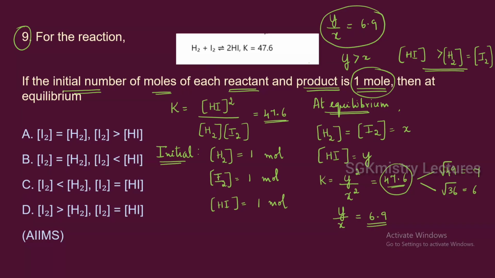Let us look into the options given. It is very clear that the concentration of HI is higher and these two are equal. So the option with the concentration of HI higher, and the concentration of I2 equal to the concentration of H2, is the correct relation. So we have option B as the right answer.